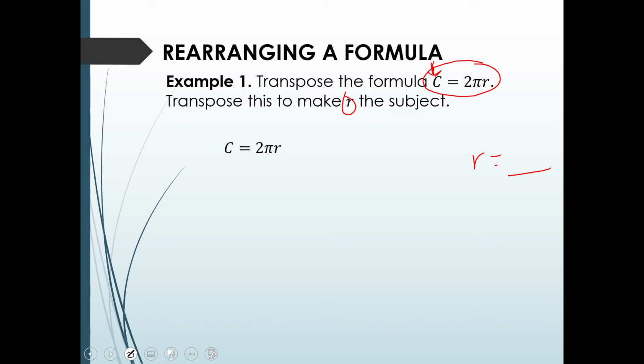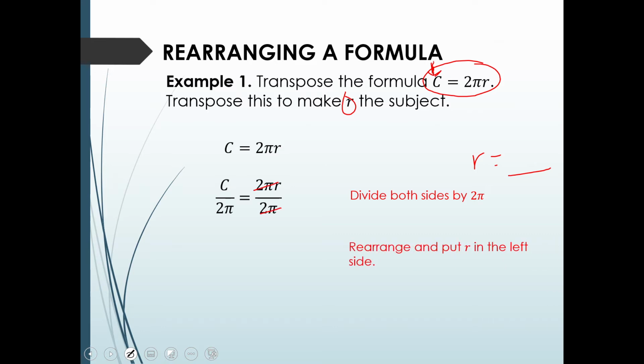So that means we need to remove this 2 pi. How do we remove that? We can divide both sides by 2 pi. If we divide on the left, we should also divide on the right. So 2 pi by 2 pi, the 2 pi will be gone here, and you only have r is equal to C over 2 pi.